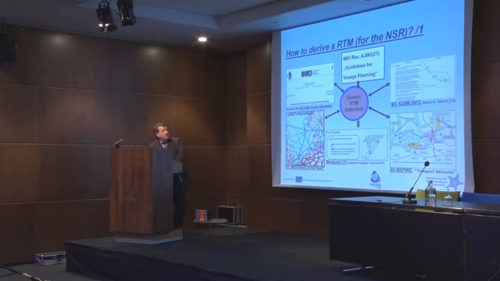Generic-wise, we look into what has been said internationally in regard to routes. And of course IMO first, Guidelines for Voyage Planning, talks extensively about routes and routing and voyage planning and this kind of stuff. There is a resolution. Then we have, of course, talk in another IMO document about application-specific messages, IMO SN1 Circular 289, where it is explained how you can transmit route information by AAS shore network to vessels and vice versa.